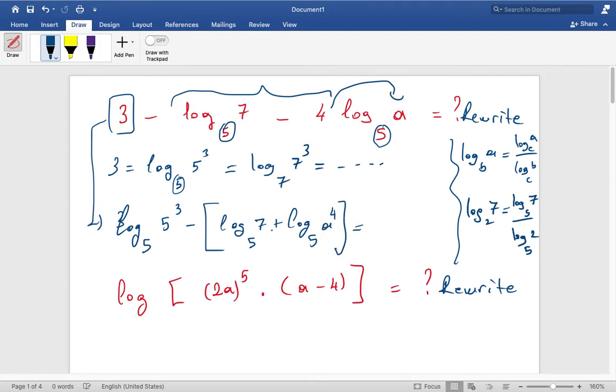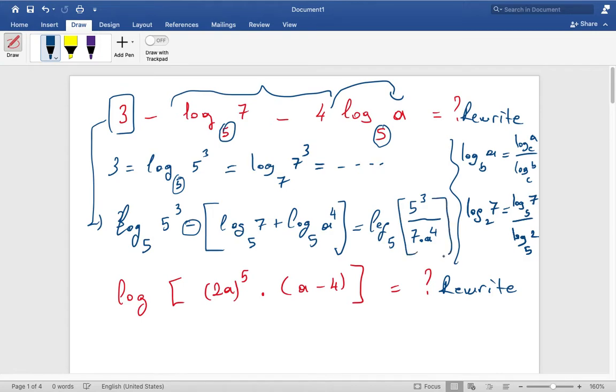And finally, here addition I have, here subtraction I have, it will be log to the base 5 of 5 to the power of 3 divided by 7 times a to the power of 4.